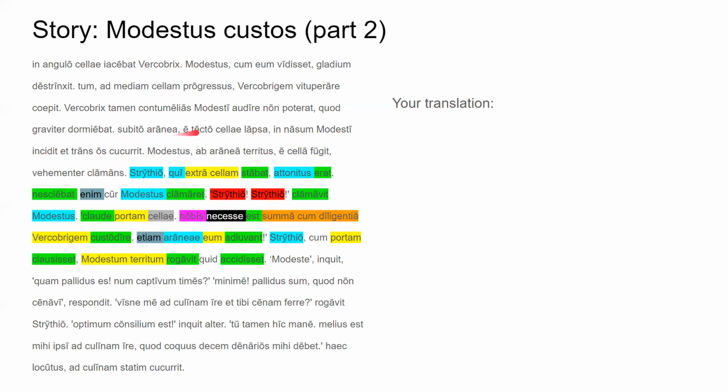So suddenly spiders, having fallen from the roof of the cell, landed onto Modestus's nose and ran across his face.